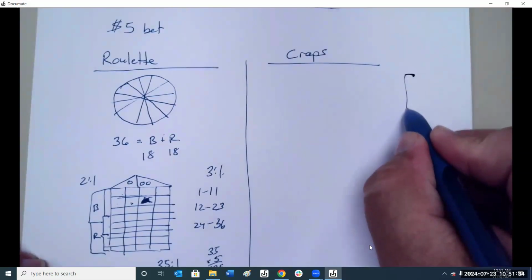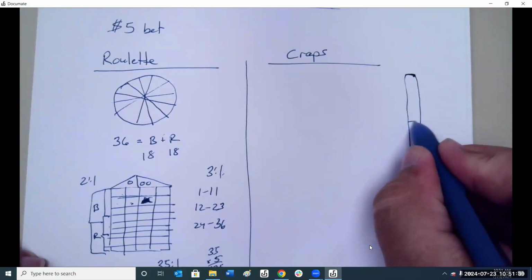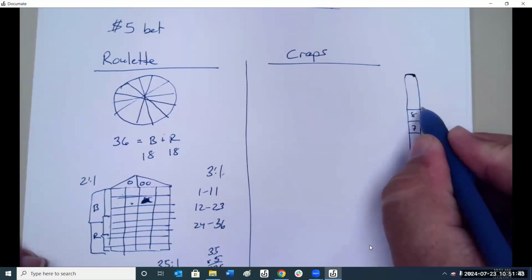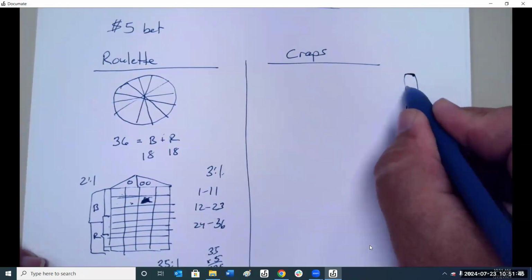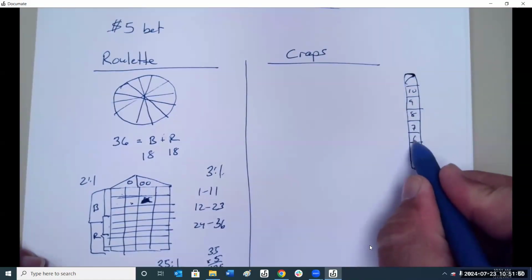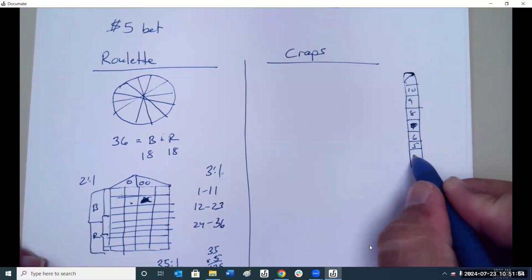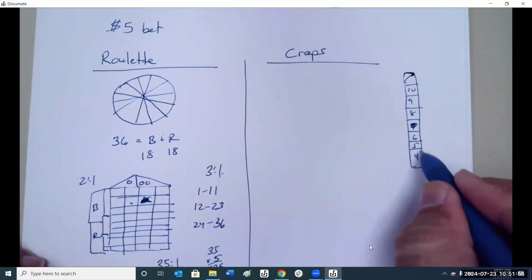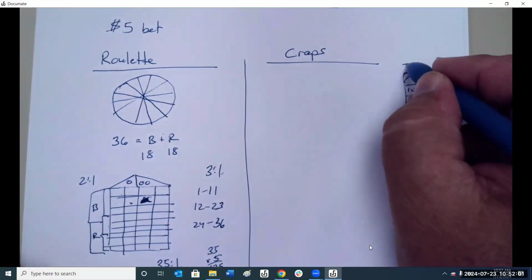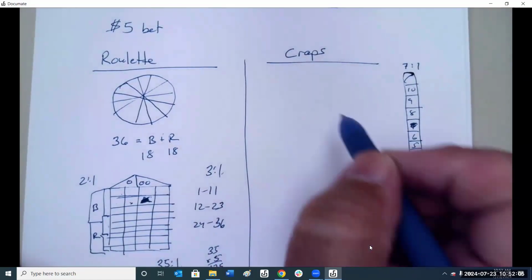You have the betting numbers here, which are 6, 7, 8, 9, 10 and 5, 4. These pay, I think, 7 to 1. And there's a whole bunch of other stuff.